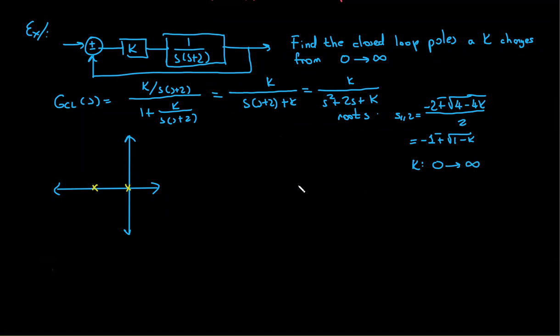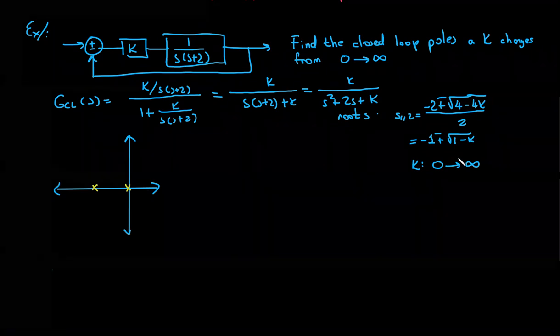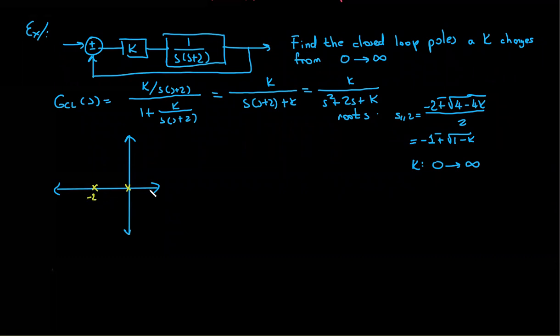So what's going to happen when I increase k further, okay? So this is -2. When I increase k further, these two poles are going to get closer and closer, right? They're going to be at -1 plus or minus another value, and that value is going to be smaller and smaller until k reaches the value 1 over there.